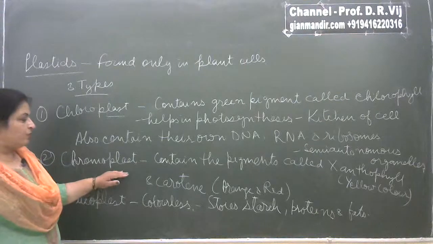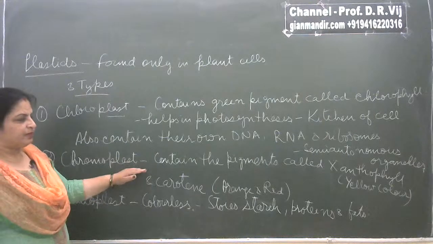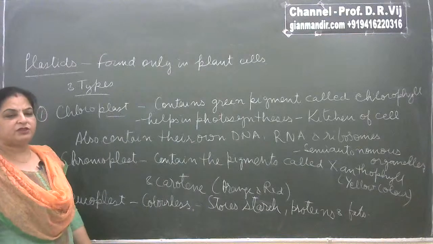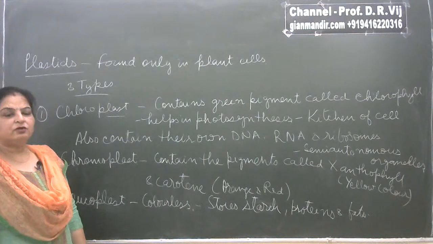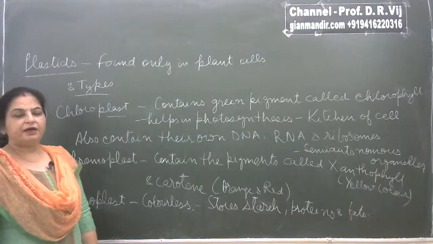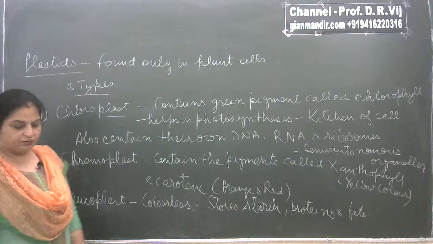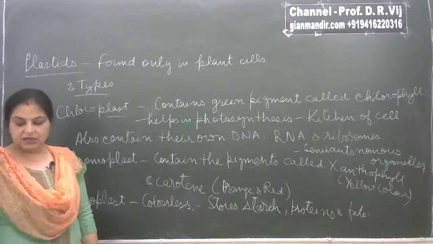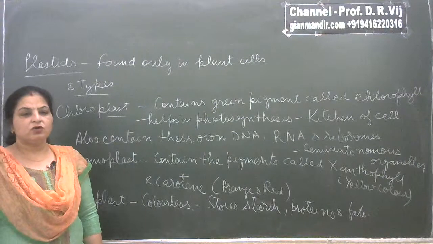And chromoplasts are the coloring pigments in the form of xanthophyll and carotene. Xanthophyll provides yellow color to the flowers and fruits, and carotene provides orange and red color to the flowers and fruits.